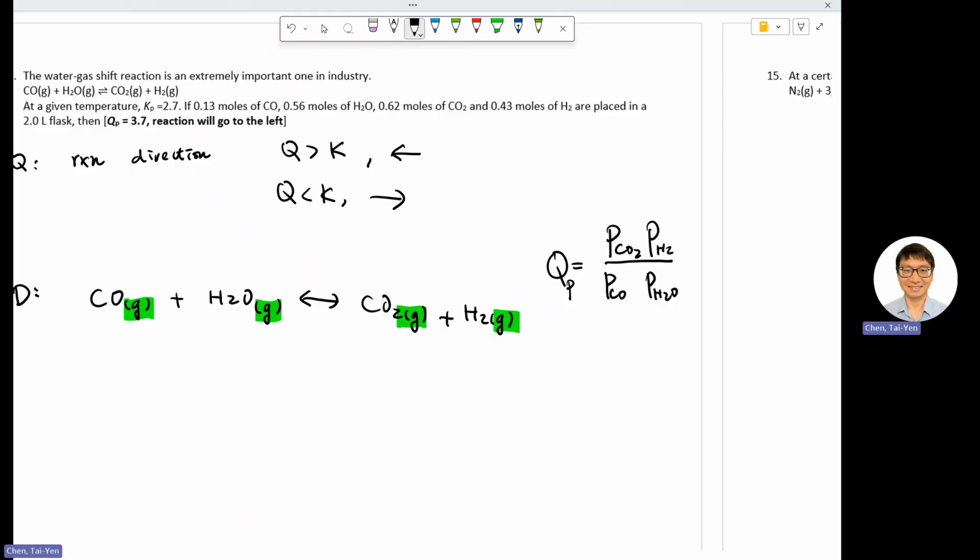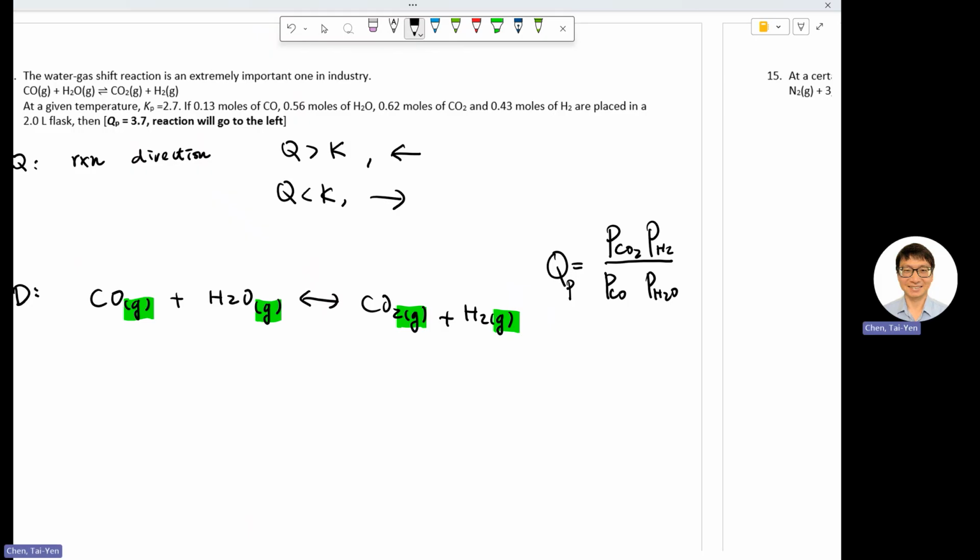So you notice that in the denominator, I wrote a term says pressure of what? H2O. Do I put H2O over there? Yes or no? Why? Yes.